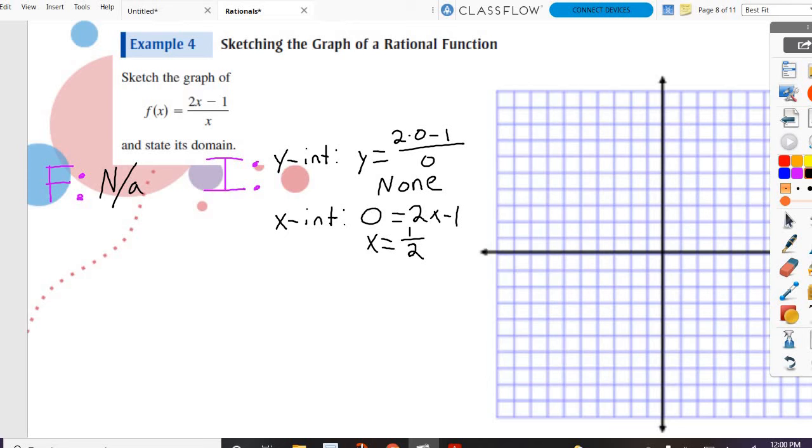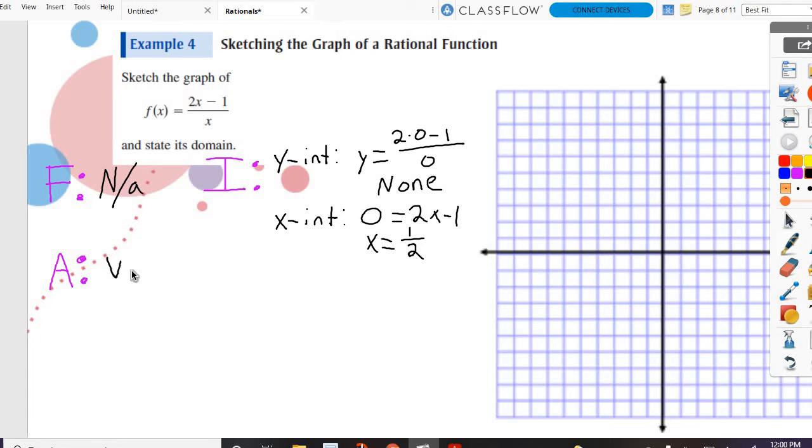Are we all okay with how I've gotten all of the points up to that part? Yes? Okay. So then what's our next step? We need to find the asymptotes. And again, we have two different kinds that we talked about: vertical asymptotes and horizontal asymptotes. And we need to find both of them.